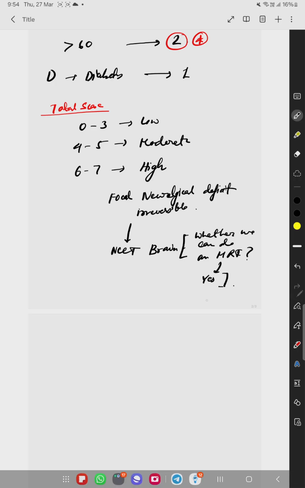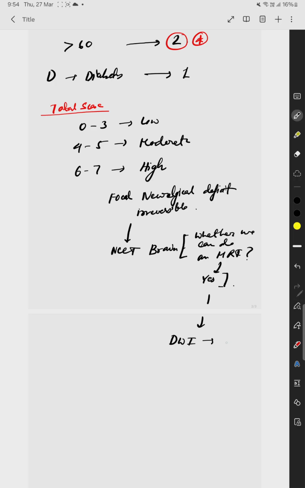We know that diffusion weighted MRI is most sensitive for stroke. Then why are we not doing it? Because MRI is not readily available.